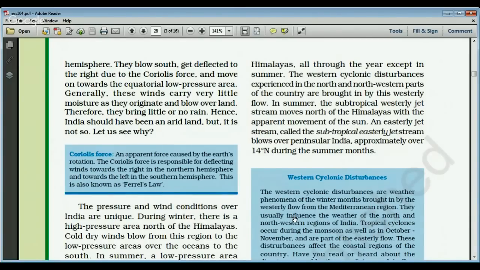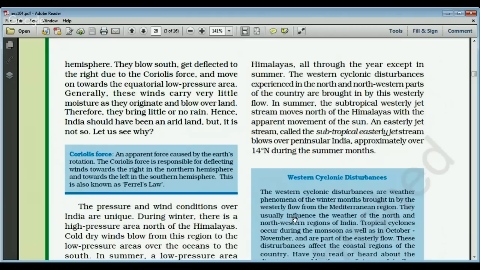In summer, the subtropical westerly jet stream moves north of the Himalaya with the apparent movement of the sun. This concept of the apparent movement of the sun is very important, and there is no reversal of wind. There is always an apparent movement of the sun towards the north in the summer season, and towards the south in the winter season.